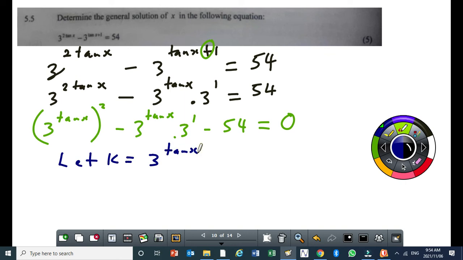So this becomes K squared minus 3K minus 54 equal to 0. Where there is 3 to the power of tan x, we put K.